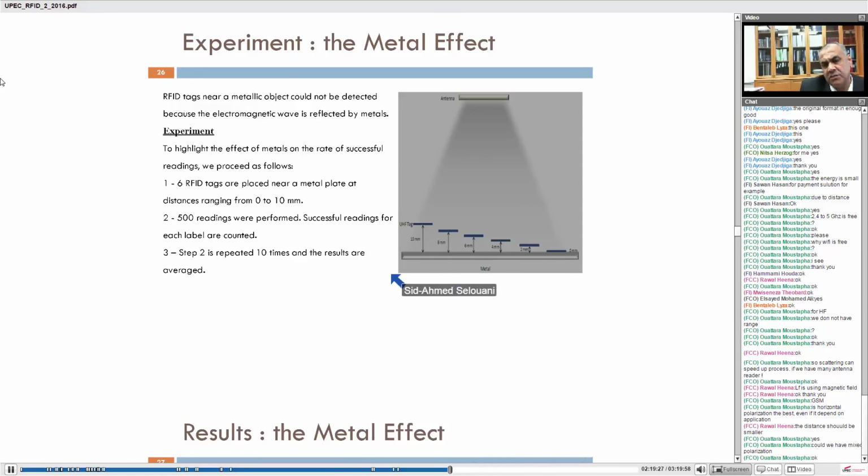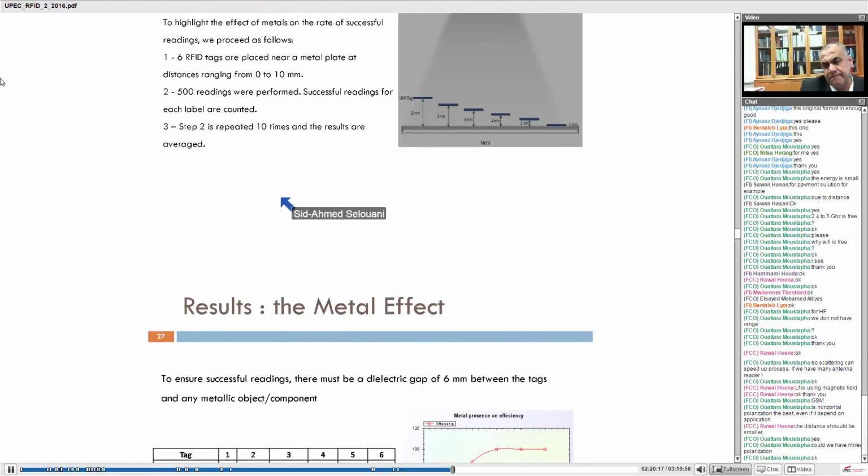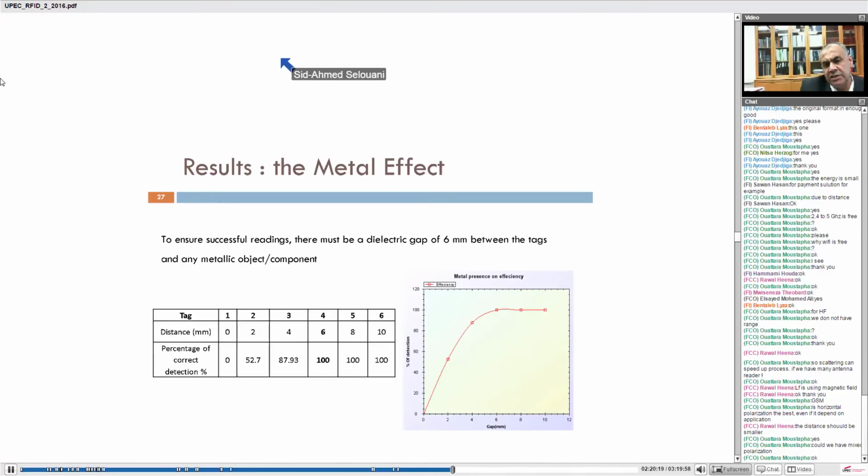I speak about UHF and microwave. To highlight the effect of metals on the rate of successful readings, we proceed as follows. We put 6 RFID tags near a metal plate, at a distance from 0 millimeter to 10 millimeter, and we perform 500 readings. Then we count the number of successful readings for each level, and we repeat this experiment 10 times in order to have an average.